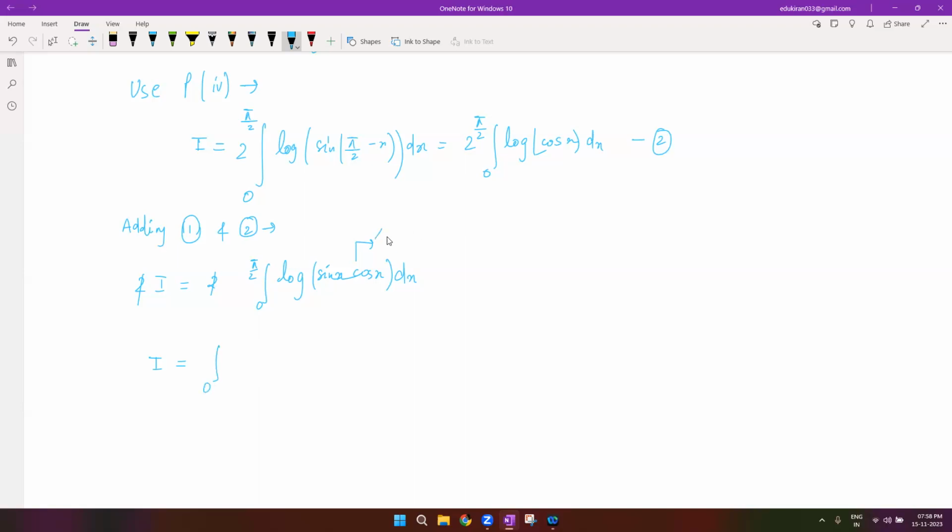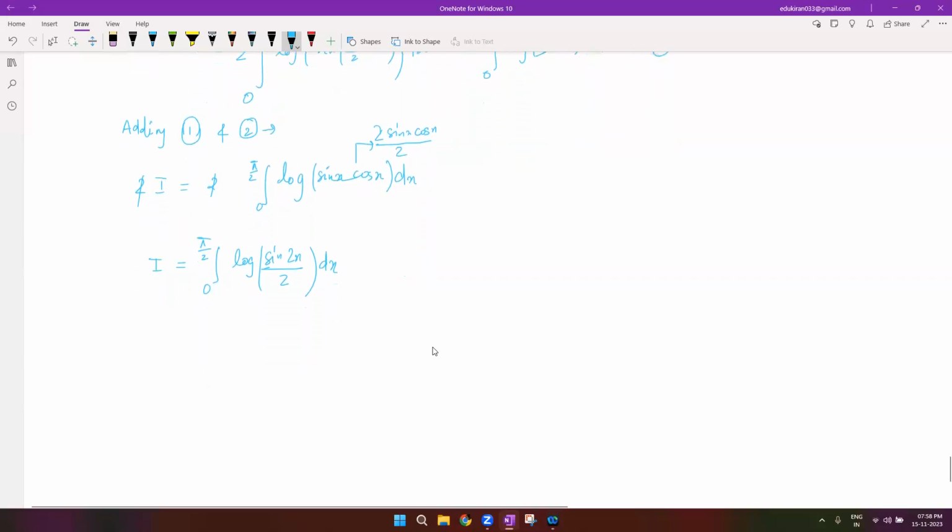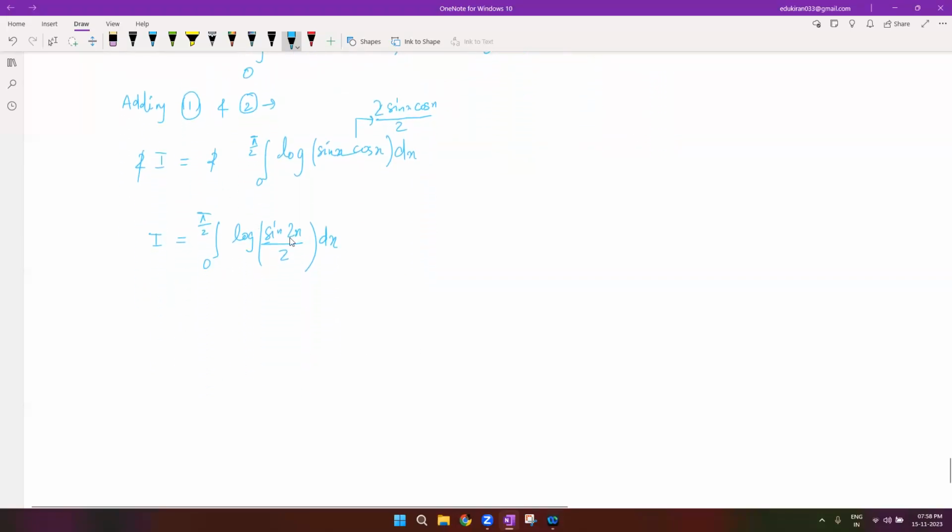So this can be written as log of sine 2x divided by 2. Now I can again simply change this expression into a single expression. How? I'm using a substitution here. I'm substituting 2x.